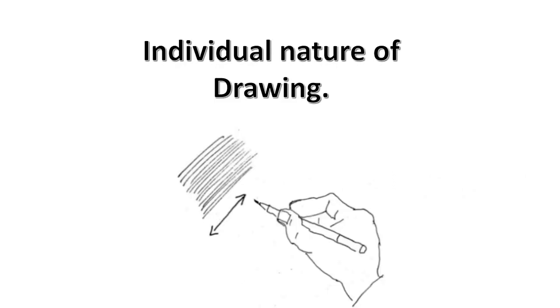I've already mentioned that the lines that we draw are related to our physical bodies as well as to our minds, because when we draw, holding an object in our hands to draw, we find that we can move it in certain ways in relationship to our own bodies.